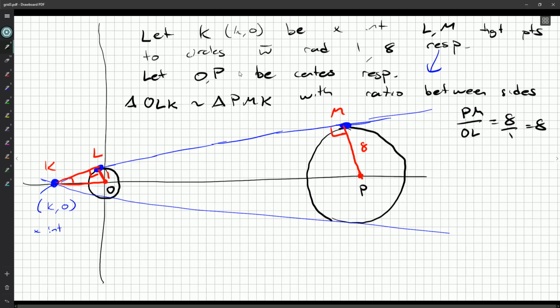So what does that tell me? Well, that tells me PK over OK is 8, but OK is just the absolute value of k. I'm going to say k is clearly negative, so I'm going to say negative k here.